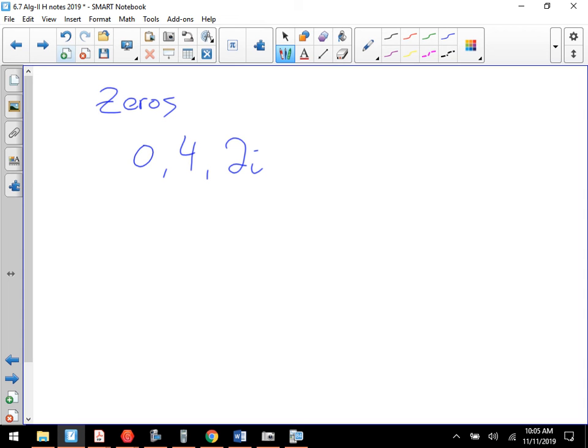I'll make this easier on you. And if I have zeros at 4, 0, and 2i, first of all, what are your terms? What's your term that generates a 0 at 0? x. What's the term that generates the 0 at 4? x minus 4. What about 2i?